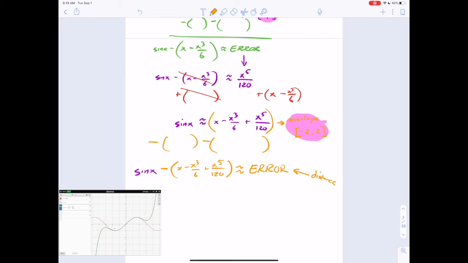Okay? So I'm going to go ahead and graph the error here. Sine x minus the quantity. I'll copy paste this guy right here. Okay, so make sure you guys understand this graph. So we said that there was an overlap from -2 to 2 with your red and green function. So take a look.